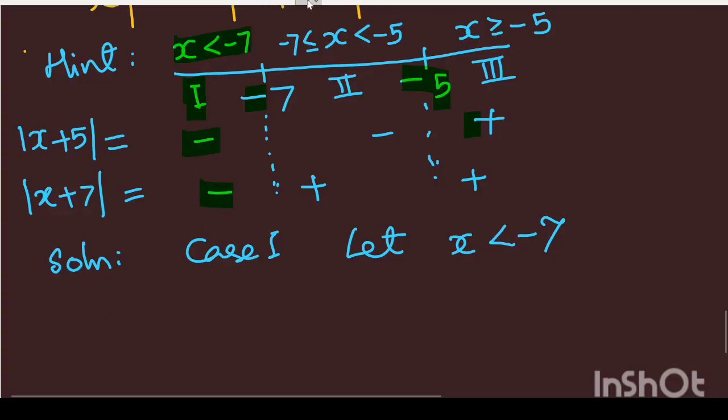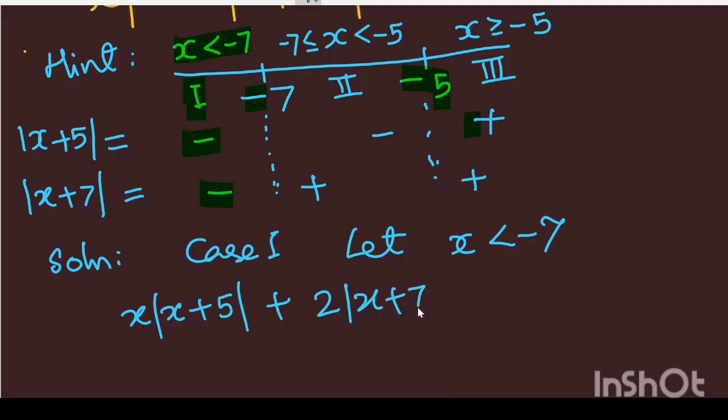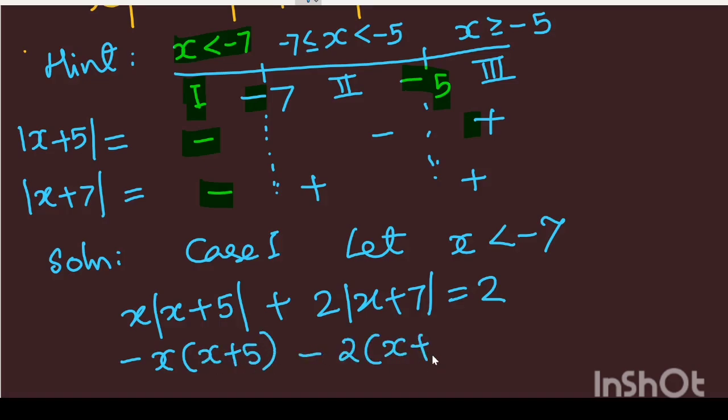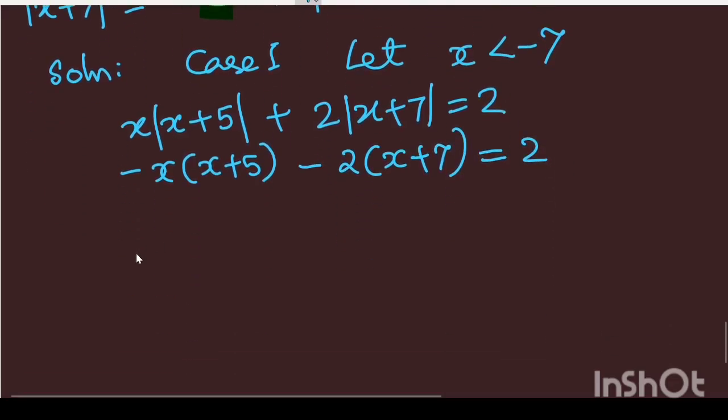So the question, mod x into mod x plus 5 into mod x plus 7 equals 2. Mod is replaced by minus sign. So minus x into minus of x plus 5, here also minus sign, minus 2 into x plus 7 equals 2, guys.